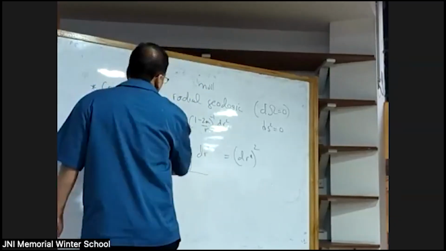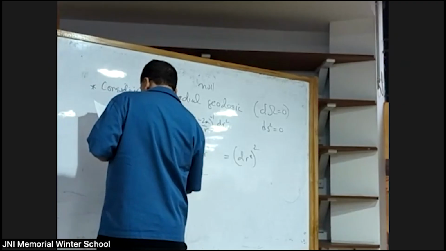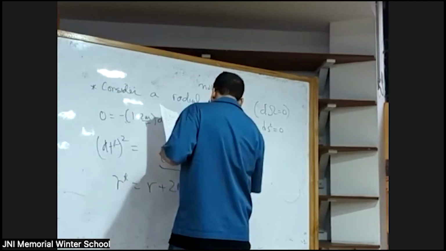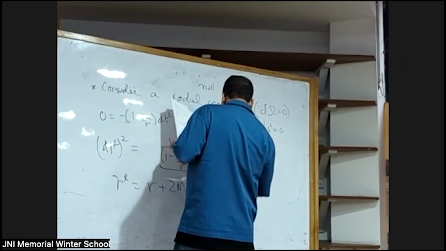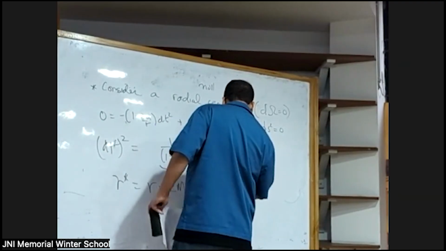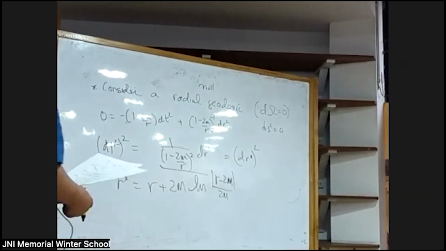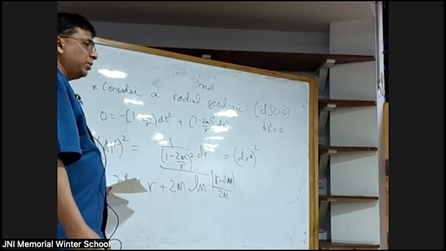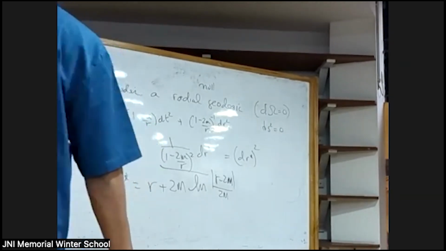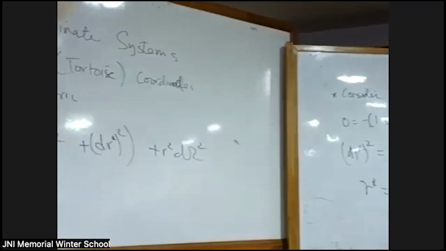Well, we can just integrate this, and then you'll find that r star is equal to r plus 2m log of (r − 2m) over 2m. If you just see this formula, you might be kind of confused, but it just comes from the requirement that we want our metric to look like that.